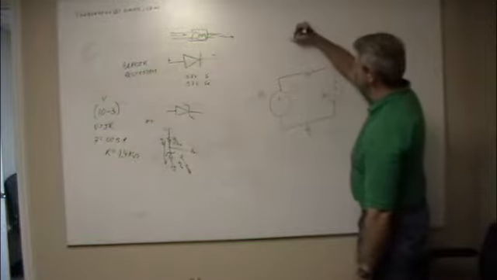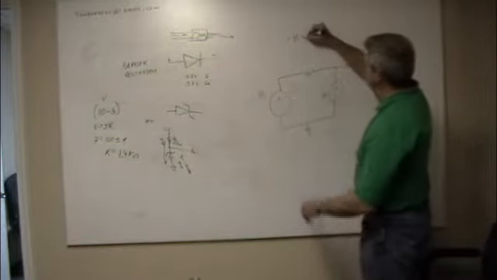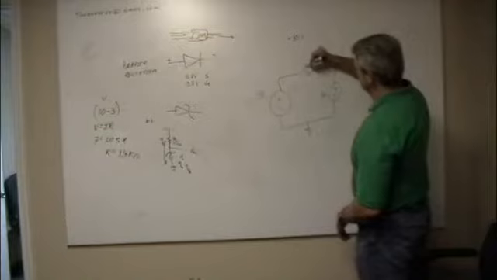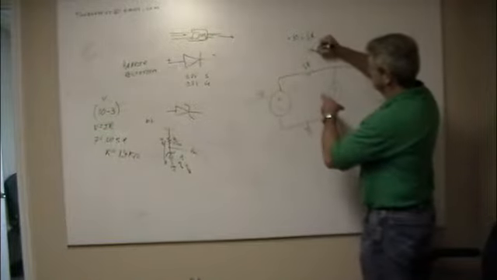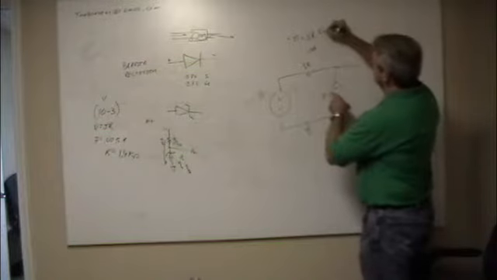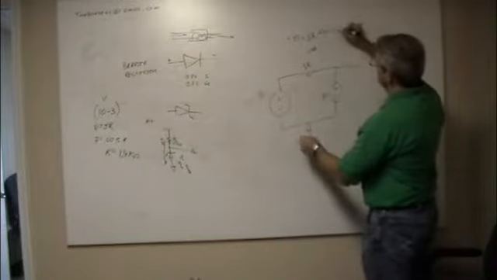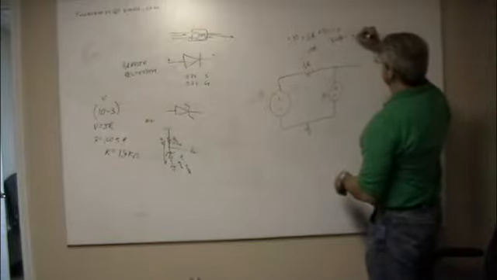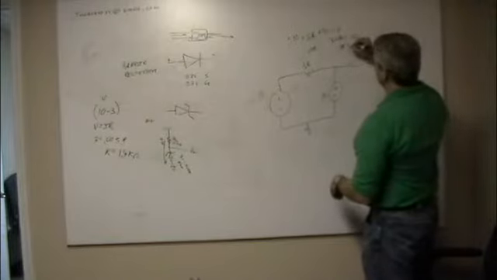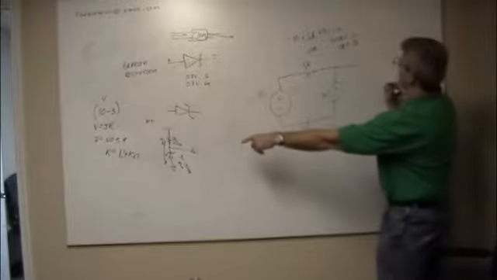We start from here. We say minus 10 plus IR, because V equals IR, right? Plus 3 volts equals 0. So 3 plus IR equals 10, IR equals 7. That's what we did right there, right?